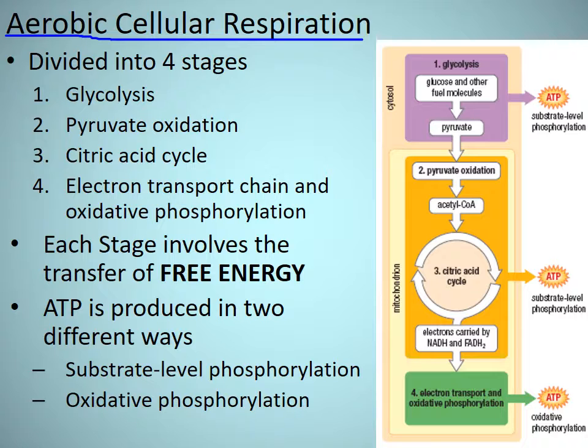Right now, what we are going to talk about is when oxygen is present in the cell, and that's known as the aerobic cellular respiration pathway. We will take a look at anaerobic respiration afterwards. Right now, let's take a look at, hey, oxygen's in the cell, everything's ready to go.